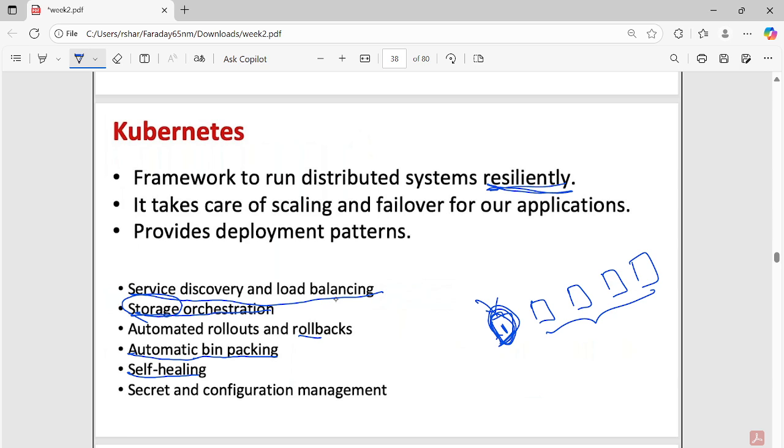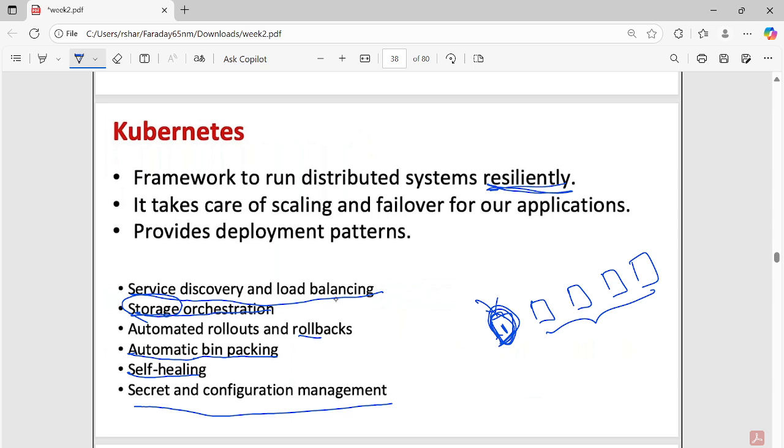And the next is secret and configuration management. This helps to store and manage sensitive information: passwords, authentication tokens, SSH keys. These are all part of configuration management, and it is basically about ensuring security and secrecy.